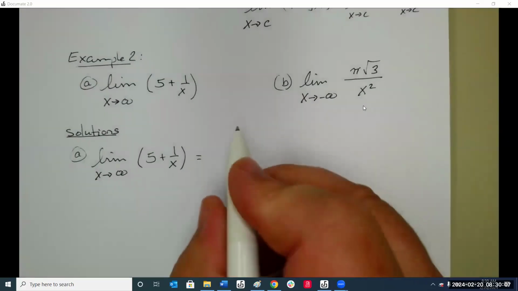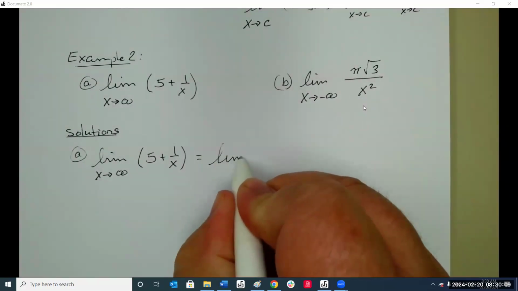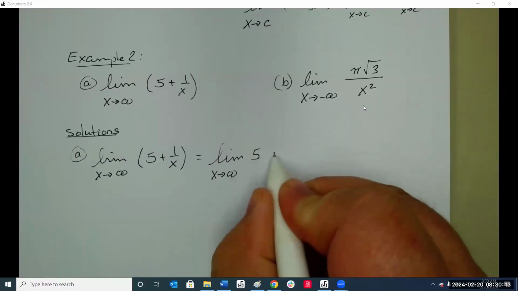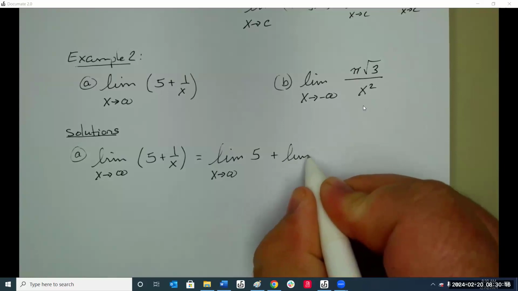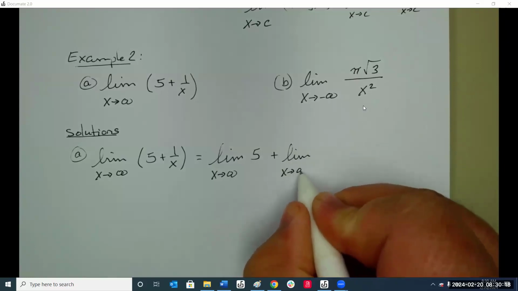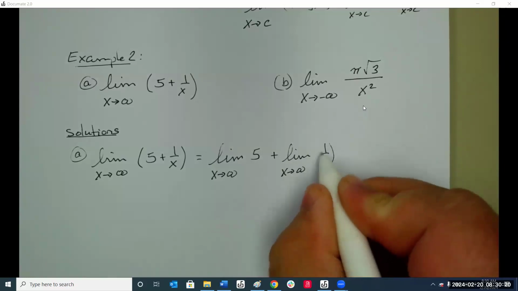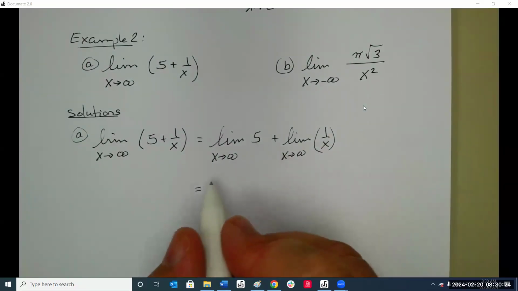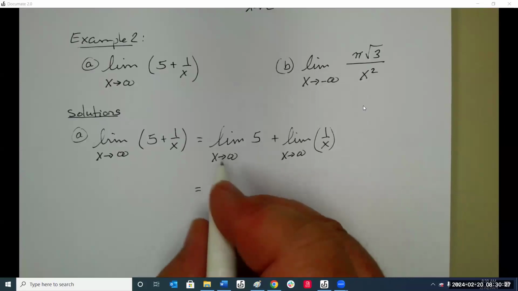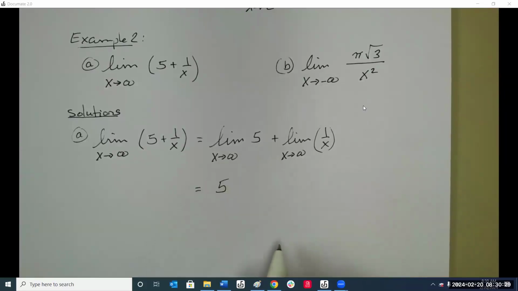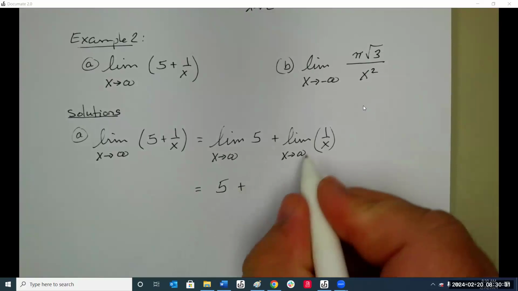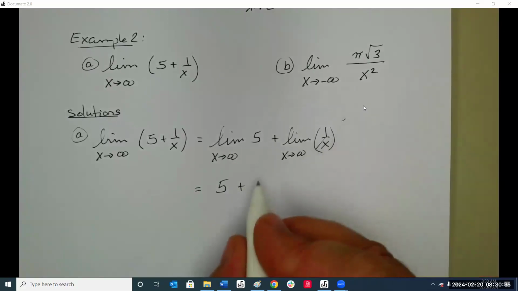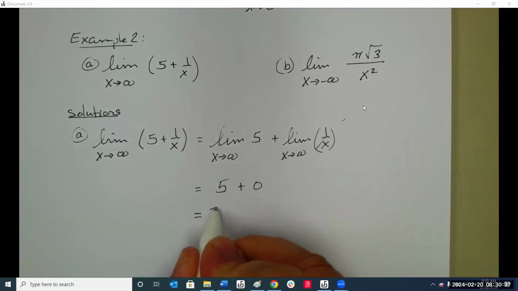So we use the sum rule. We know that the limit as x approaches infinity of 5 plus the limit as x approaches infinity of 1 over x. 5 is a constant, so the limit as x approaches infinity of 5 is 5, plus the limit of 1 over x. As x goes to infinity, this number goes to 0. So the limit is 5.